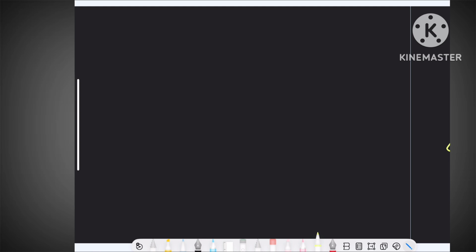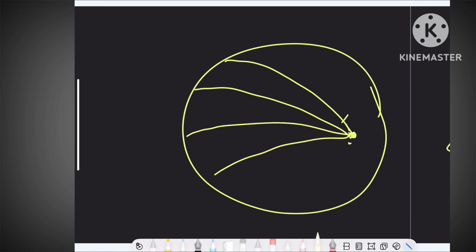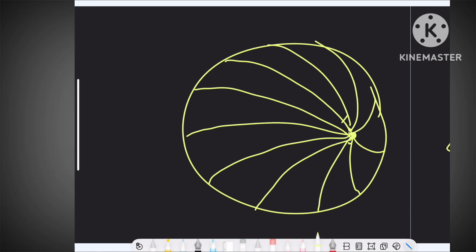If there is a circle, and there is a point here, and some line-like structures that go from the center to all parts of the earth. There are also some lines like this.